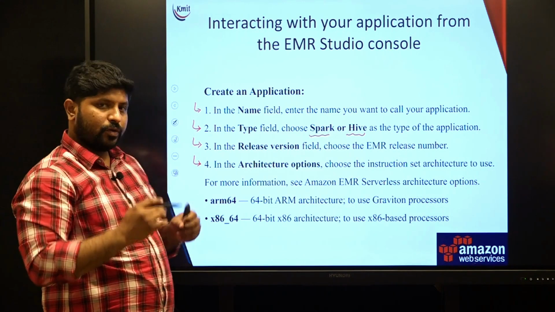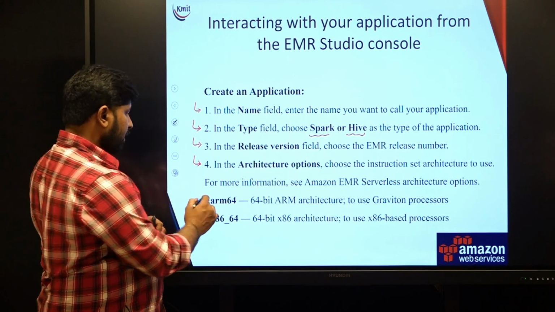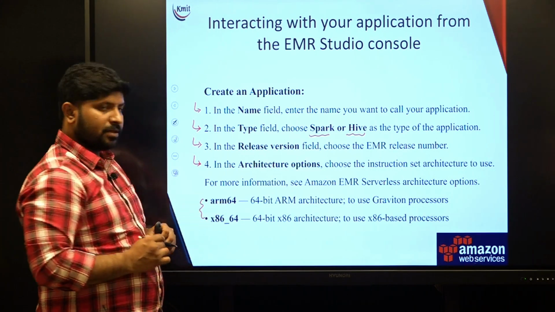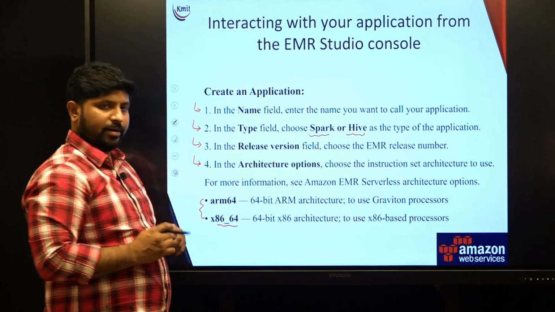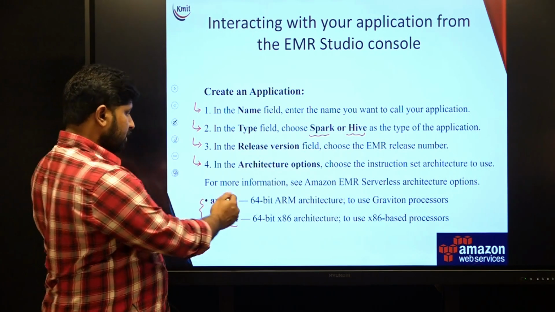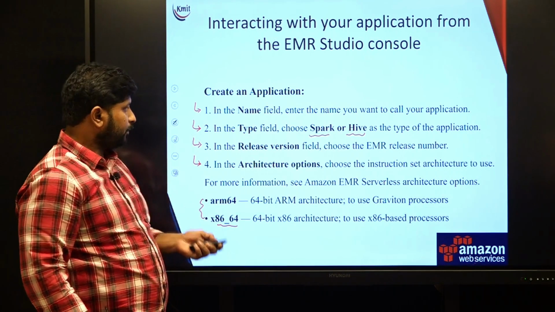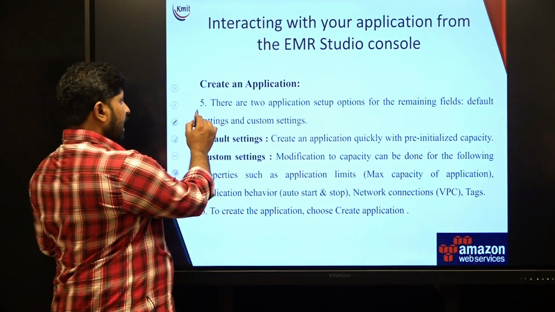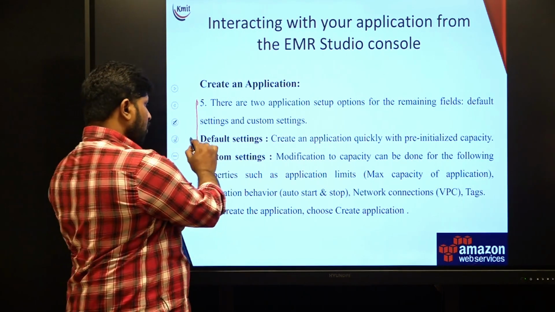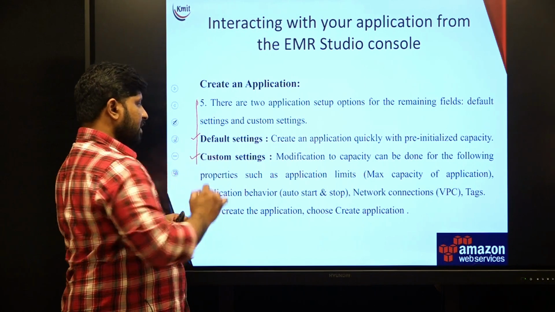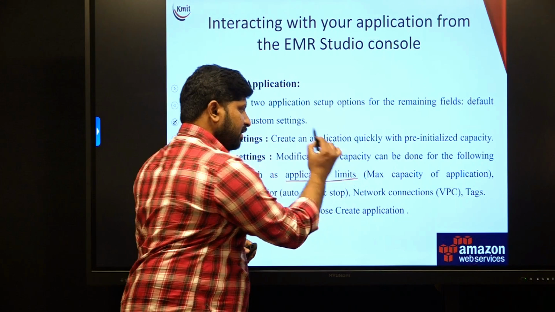Once that has been given, you have to mention the release version of EMR Serverless. After that, you have to select the architecture option in step 4, where we are provided with two options, ARM64 or x86_64 architecture. Out of these two architectures, you can choose any one. In step 5, it will ask about configuration. You can either go with default settings or you can customize the settings, where you can modify the application limits.